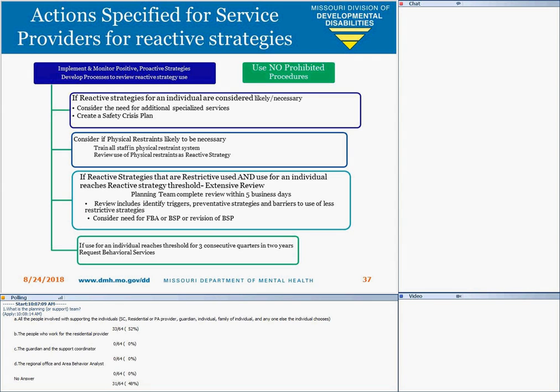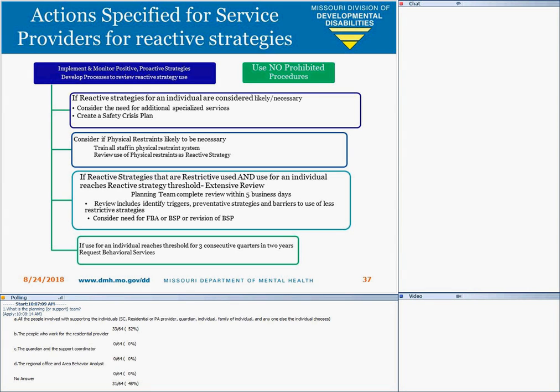After the team's done that, they should consider if manual restraints like holds are likely to be necessary with this individual. And you know that because of their past history. Past history is the best predictor of future behavior, all things being equal. Consider the type of behavior that is likely to occur and how behaviors are learned and reinforced.